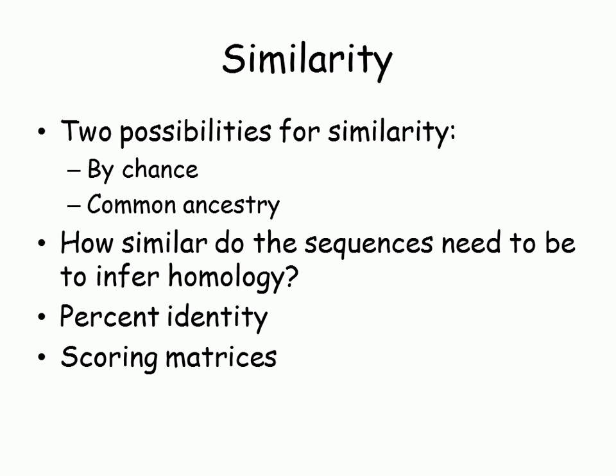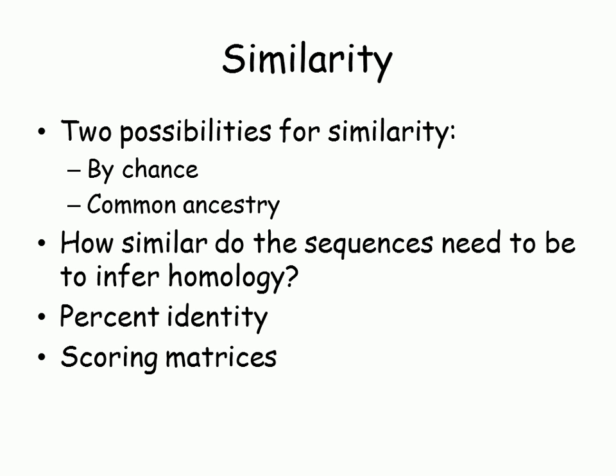Okay, so when you find two things that are similar, that similarity could be just by chance. The chance is because they are using the same alphabet, so there will be some short matches that are similar just by chance, or it could be due to common ancestry.